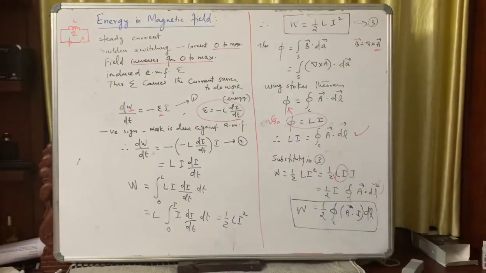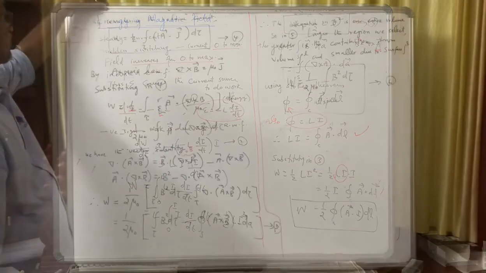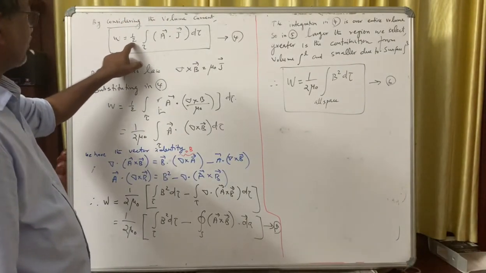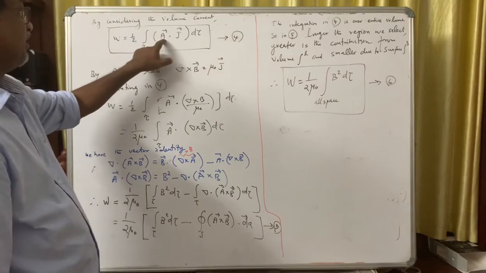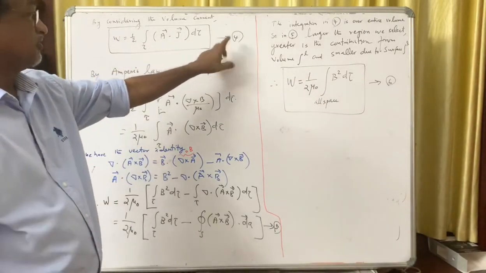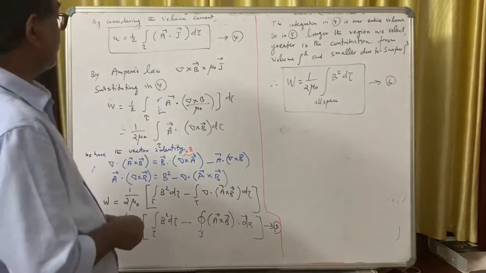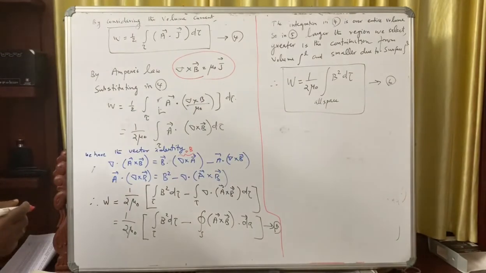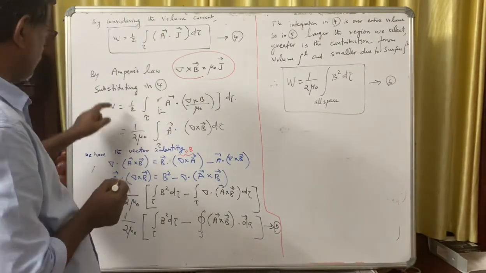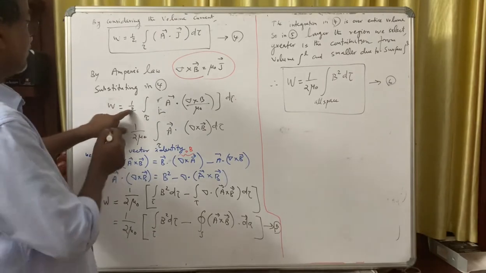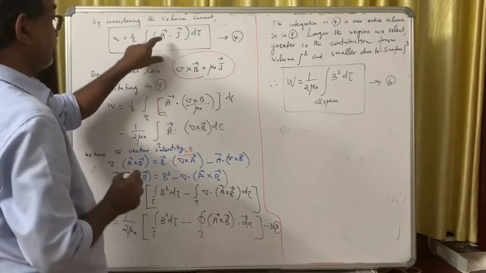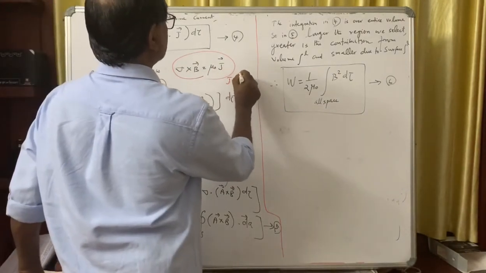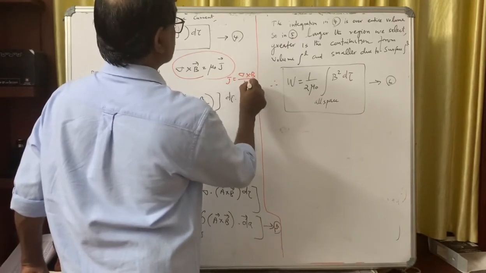So now let us consider one more thing. By considering the volume current, the above equation can be written as W equal to half the volume integral of A dot J dv. That is equation 4. And we have studied from Ampere's law that del cross B is equal to mu 0 J. Substituting this result in equation 4, we get W equal to half the volume integral of A dot J, where J is equal to del cross B by mu 0.